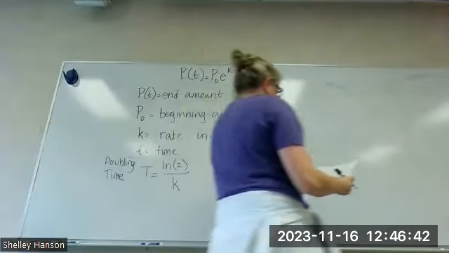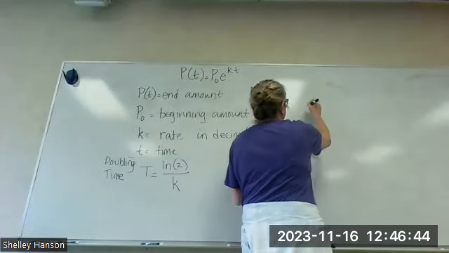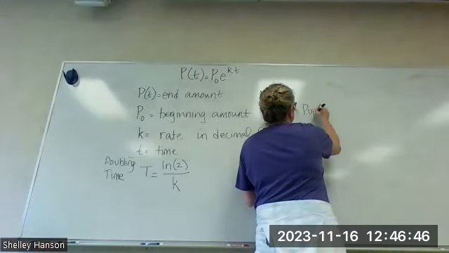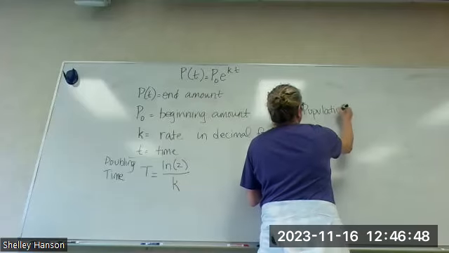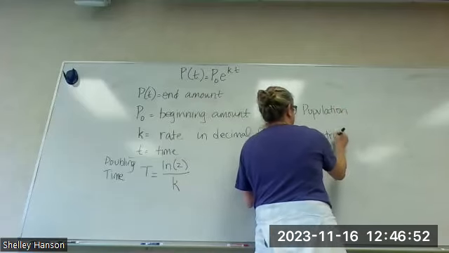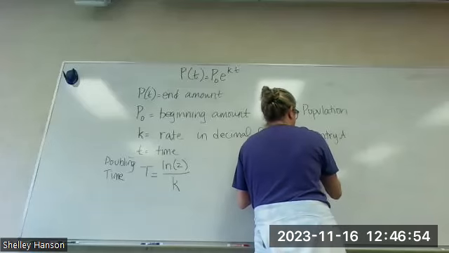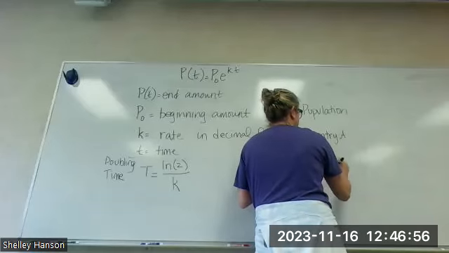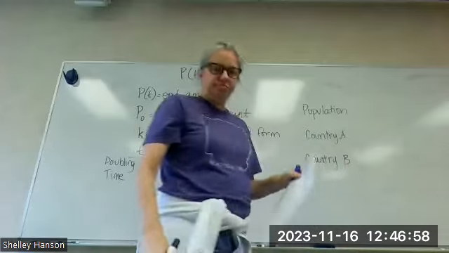All right, we're going to complete this table. So there's 2 countries. There's country A and country B.